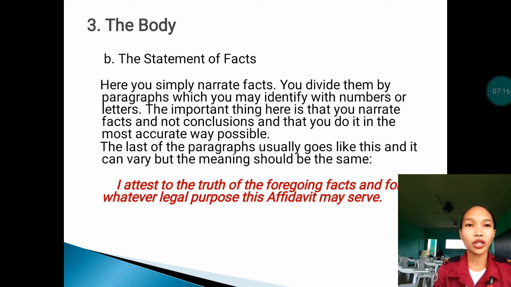The last of the paragraphs usually goes like this, and it can vary, but the meaning should be the same: I attest to the truth of the foregoing facts, and for whatever legal purpose this affidavit may serve.